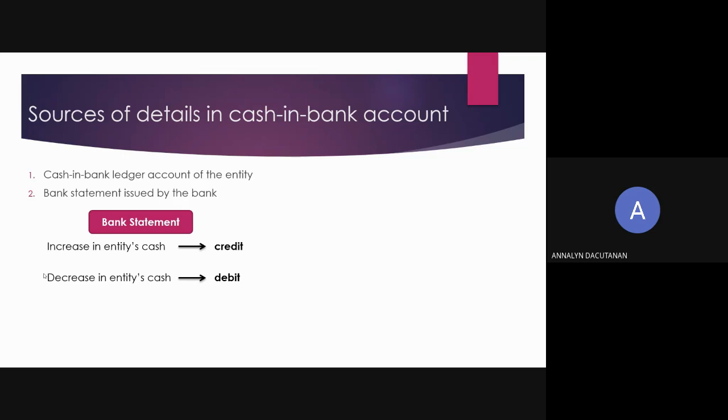Huwag na kayong malito, ito pa lang na-discuss natin last time. Bank statement, kapag credit side, it means it increases the entity's cash. Pag may na-credit sa account mo sa bangko, ibig sabihin tumaas yung cash deposits mo. If na-debit yung account mo sa bangko, ibig sabihin may withdrawals or may deduction sa cash mo sa bank.